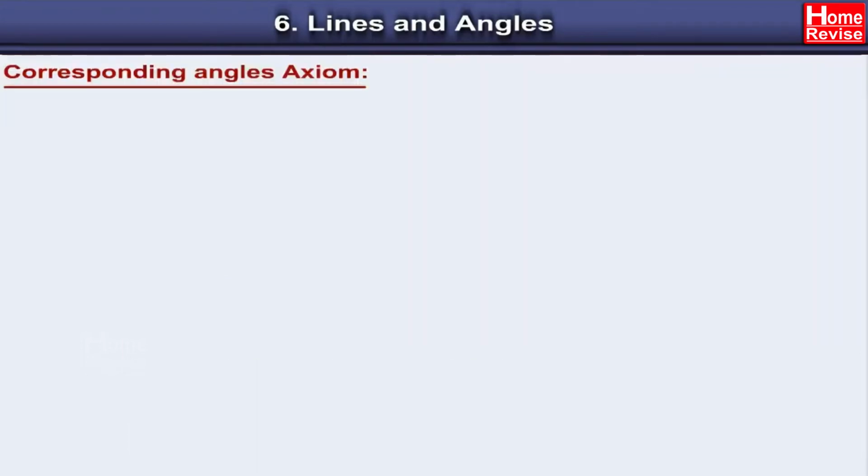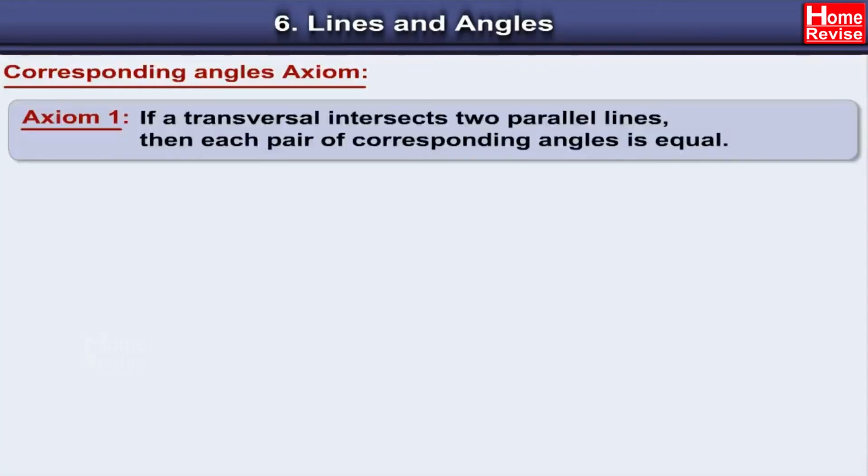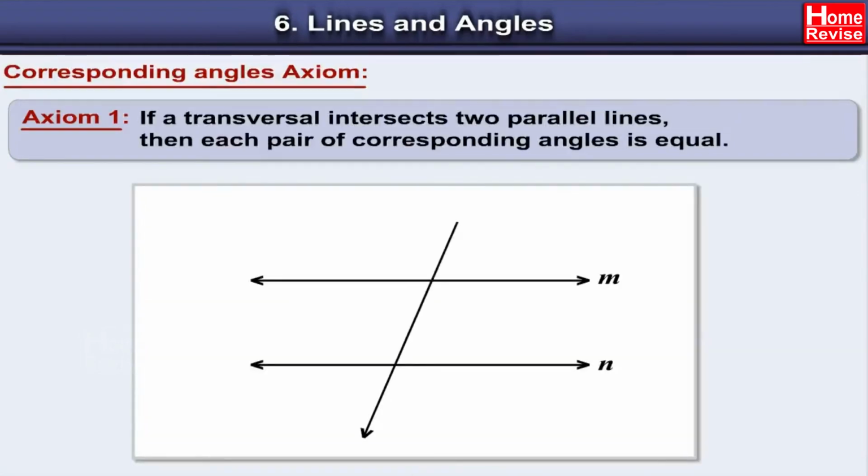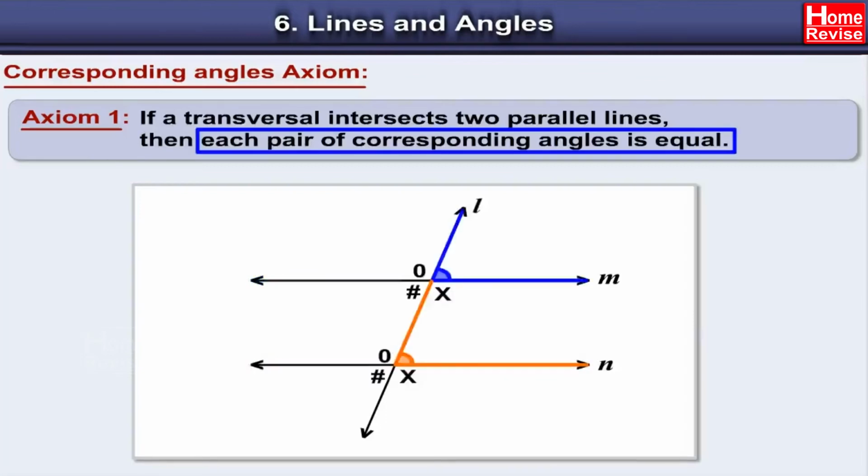Corresponding angles axiom. Axiom 1: if a transversal intersects two parallel lines, then each pair of corresponding angles is equal.